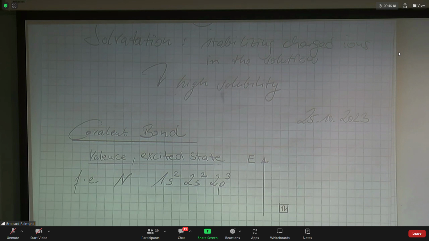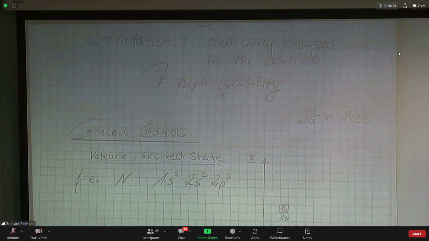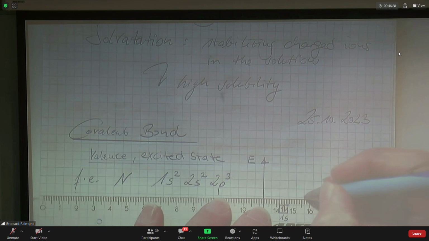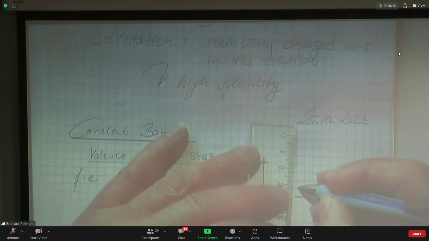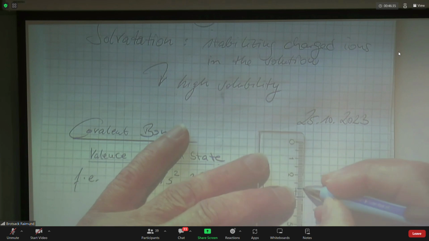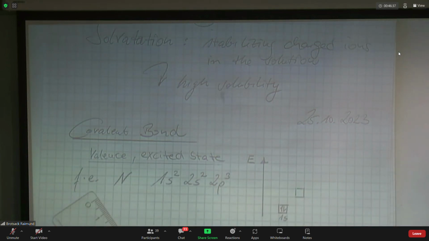So the 1s is full. This is the 1s orbital. The next one, 2s, has a higher energetic level compared to the 1s. And it is filled next, again with 2 electrons.